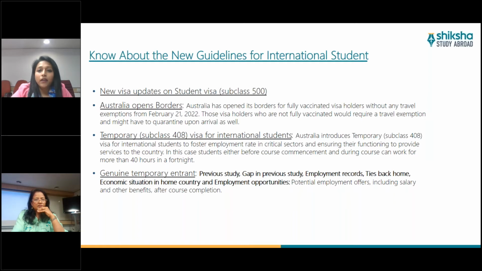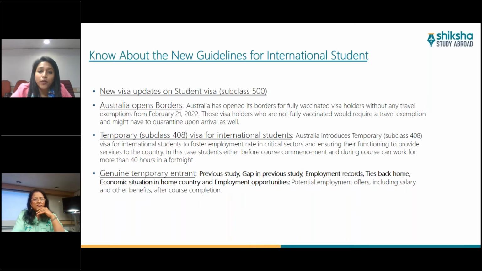Here, as she covered all these points, just to add to it, your economic ties to the home country and the situation in your home country not only mean your parents here, but it has to be something really strong. The reasons for you to come back to the country could be, for example, some assets that you have, or the growth and employment opportunities in the home country.